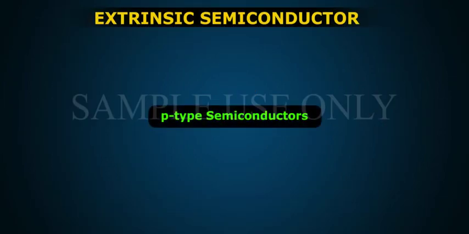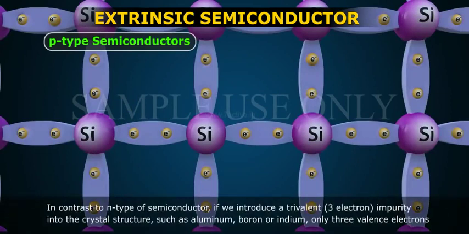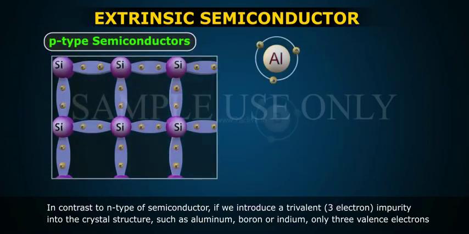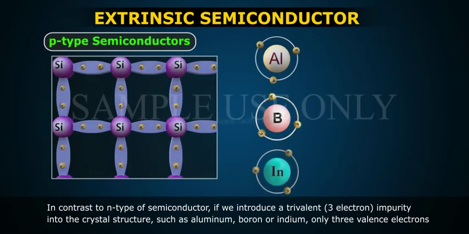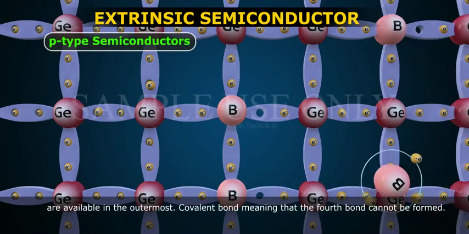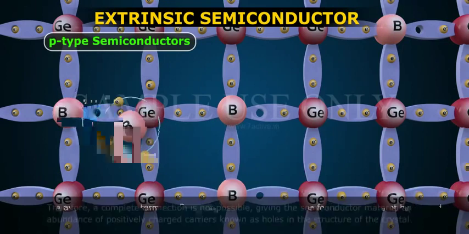P-type semiconductors. In contrast to the N-type semiconductor, if we introduce a trivalent 3-electron impurity into the crystal structure, such as aluminium, boron, or indium, only 3 valence electrons are available in the outermost covalent bond, meaning that the 4th bond cannot be formed.